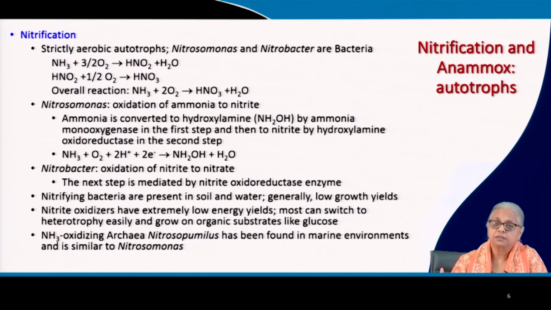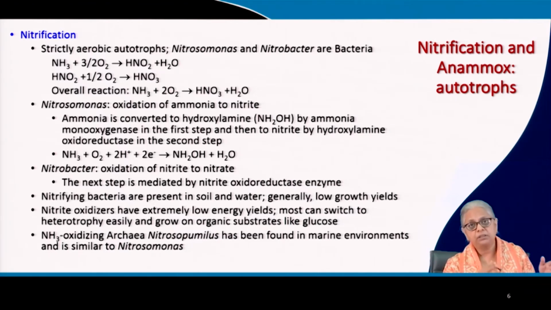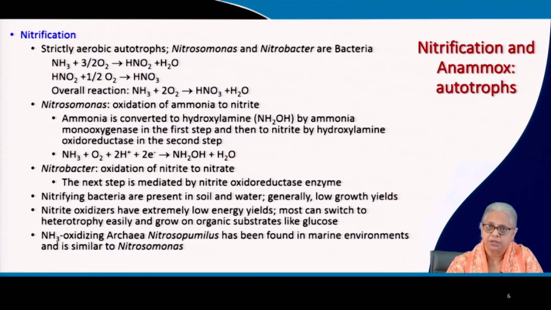This second step in the entire conversion, with ammonia being the most reduced form of nitrogen and nitrate being the most oxidized form, that is the entire gamut of the nitrogen species, so to speak. The next step is mediated by the nitrite oxidoreductase enzyme.